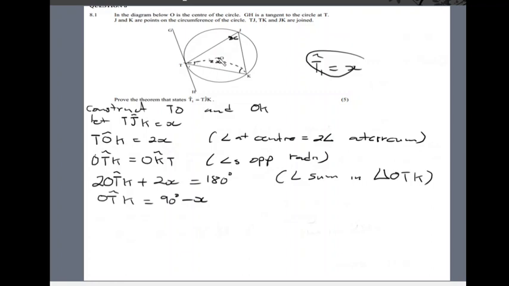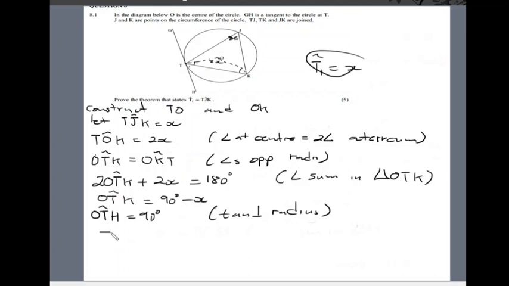Remember that I have OT perpendicular to JH, right? So OTH is also 90 degrees. Why? Tangent is perpendicular to radius, right? So if OTH is equal to 90, it means that T1 is equal to 90 minus OTK.